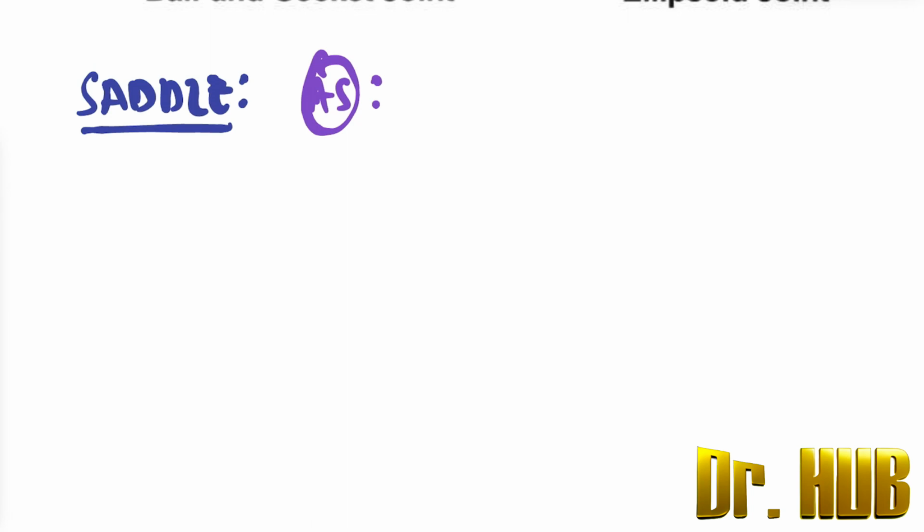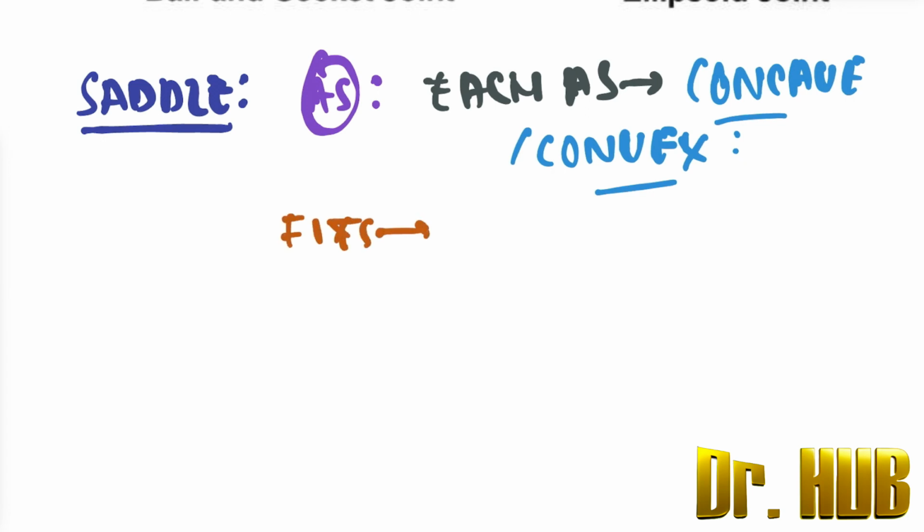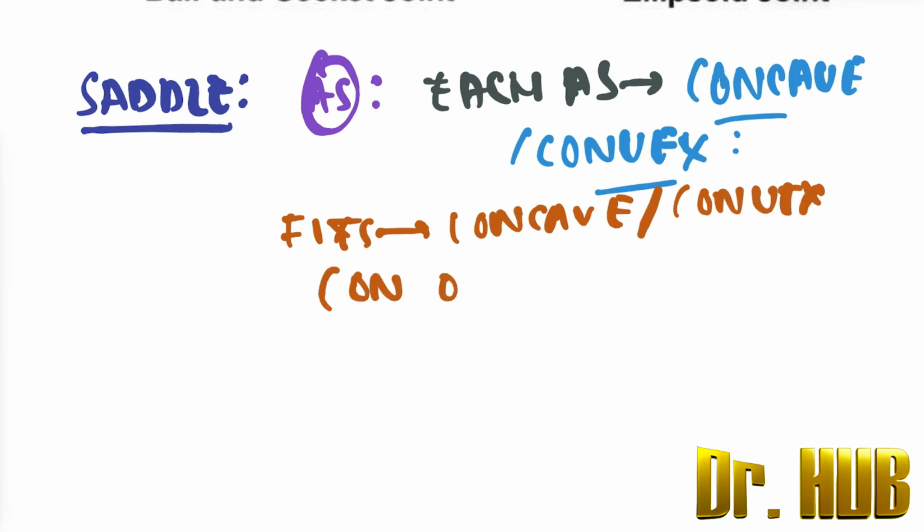Each articulating surface has a concave and a convex region, and it fits the convex and concave regions on the other surface. So this was about the saddle joint.